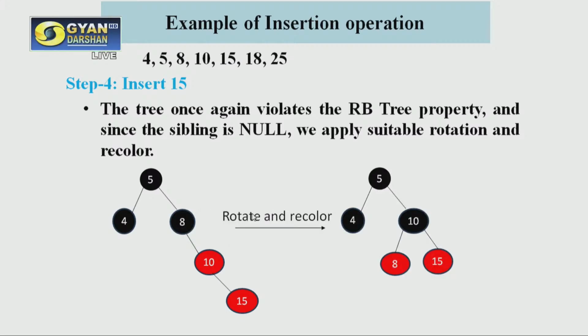Again RR rotation will be applied toward its right child 8. So now 10 will become the parent and 8 will become the left child and 15 will be the right child, and recoloring is done accordingly. So here after doing this, we can see that it is now a red black tree.